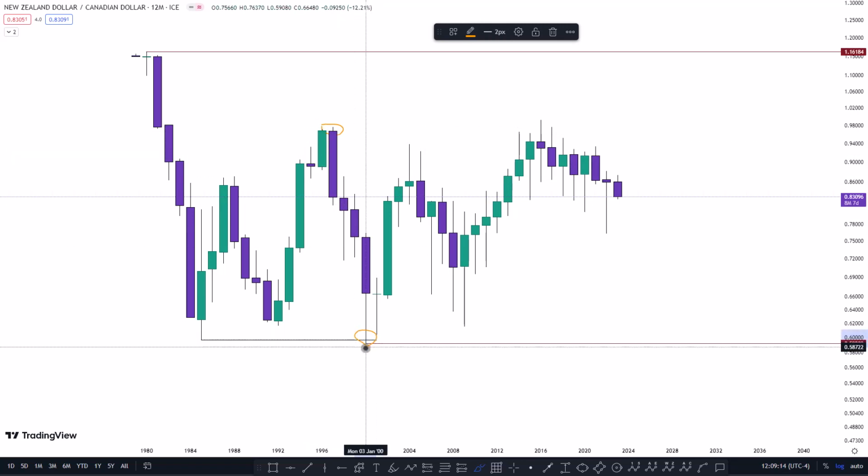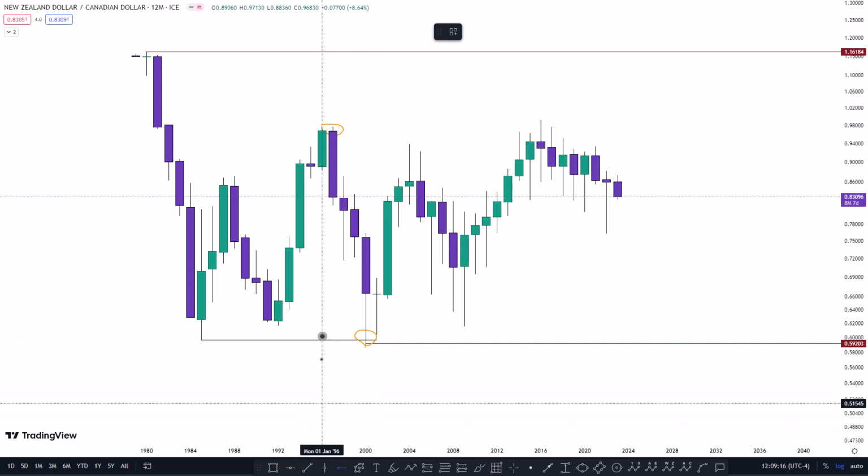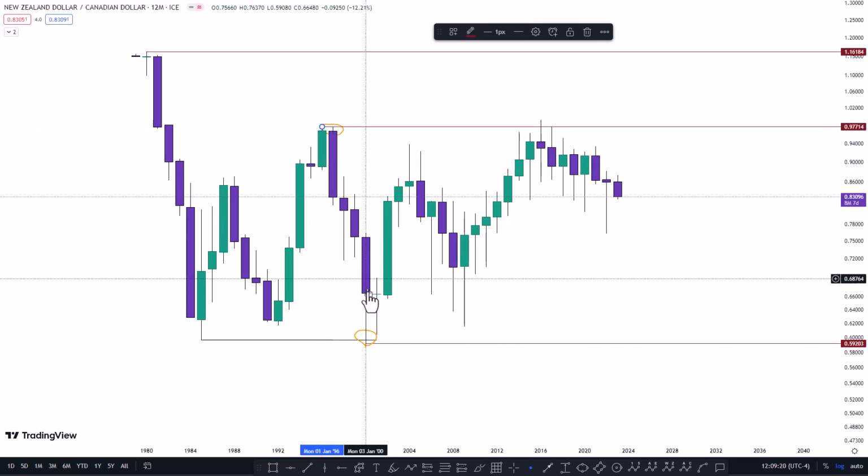Basically, we would have marked this level as our range. After that, as you can see, the market was pushing higher and broke our range with a clear high, a clear candlestick wick.